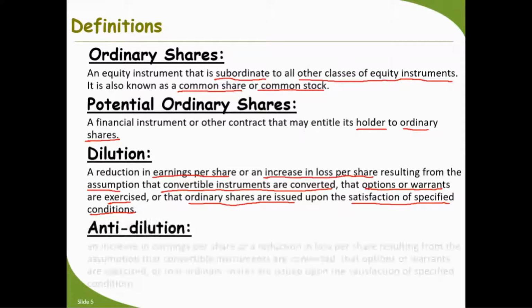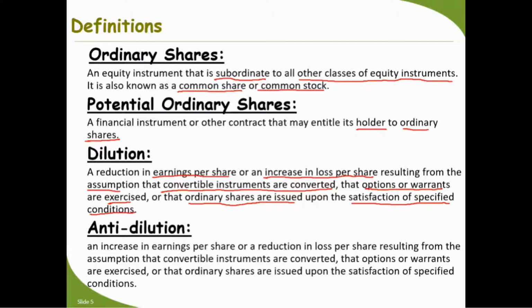If the same conditions will be exercised, like financial instruments are converted, or options or warrants are exercised, or ordinary shares are issued upon the satisfaction of specified conditions, and due to that result, earnings per share increased, or reduction in loss per share occurs, in that case we will say that there is an anti-dilution, no dilution.